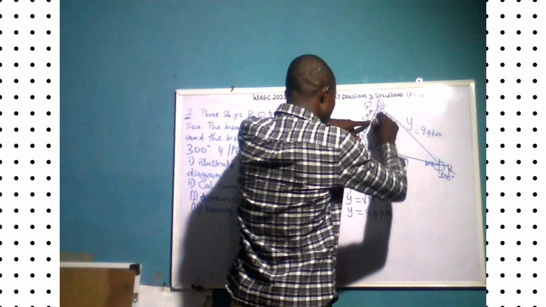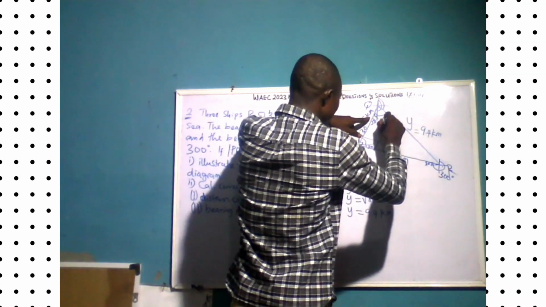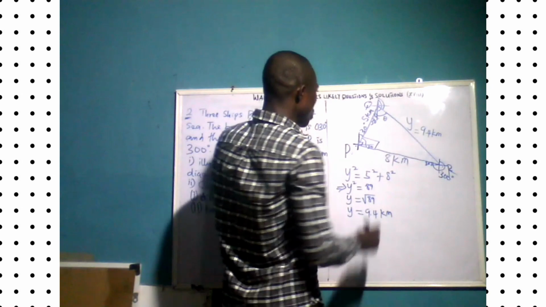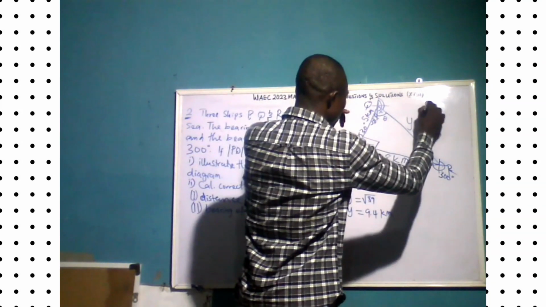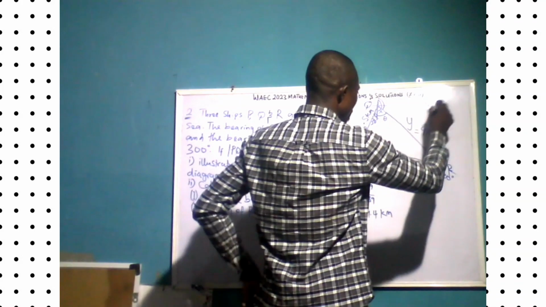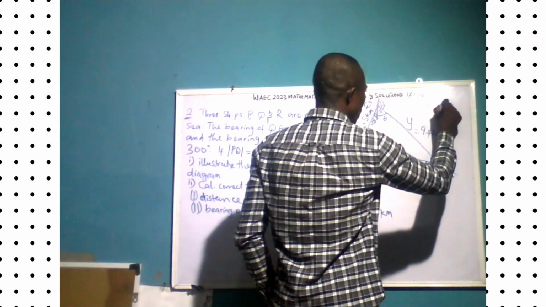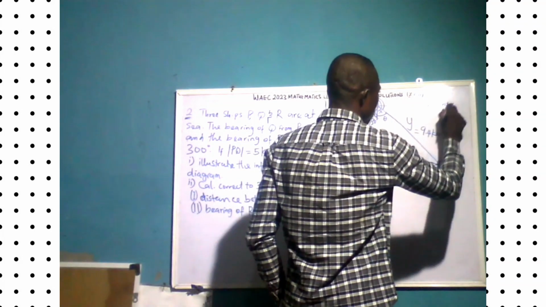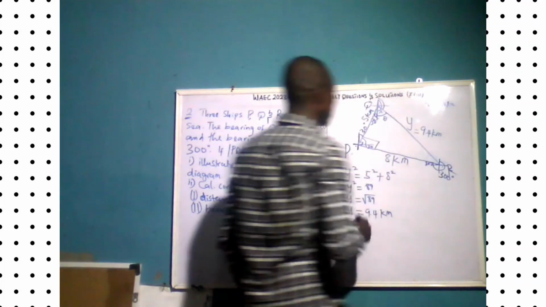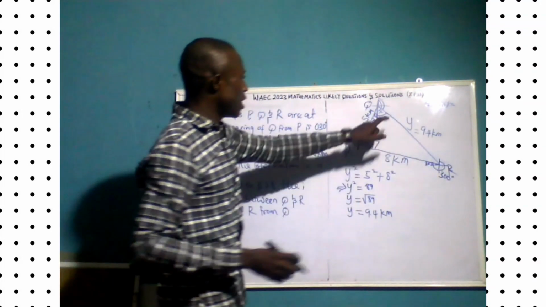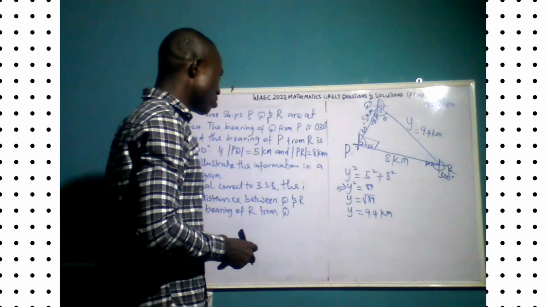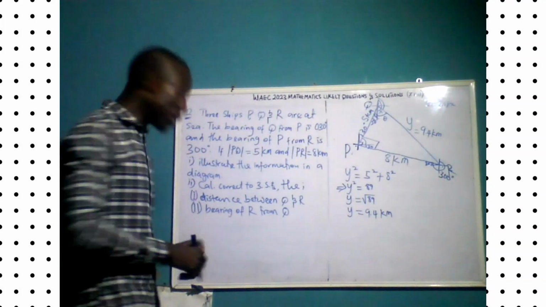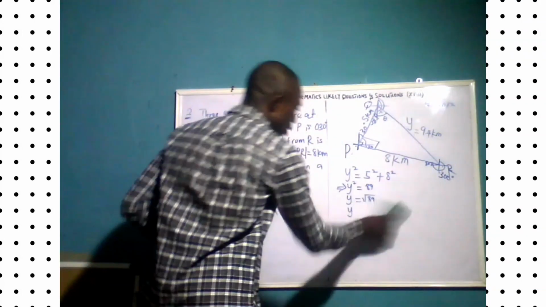If this angle is 30, this is angle theta, and this is angle x, then theta will be equal to angle 30 plus angle x. So let's find angle theta now by the use of the tan ratio.